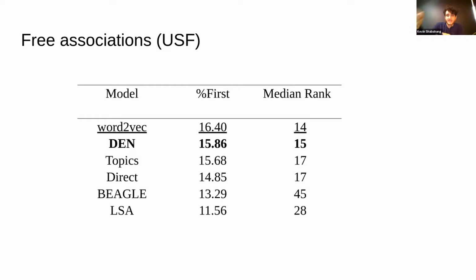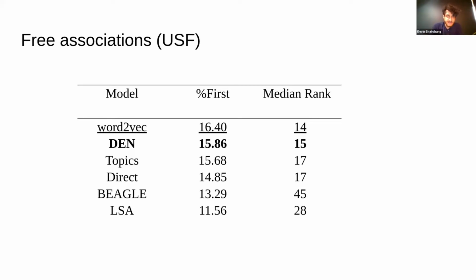We can also look at the times it came second, third, fourth, and so on. That's the rank, and it is shown in the third column. The second column shows the percent of times that the associate most people produced was actually the top activation in the system.